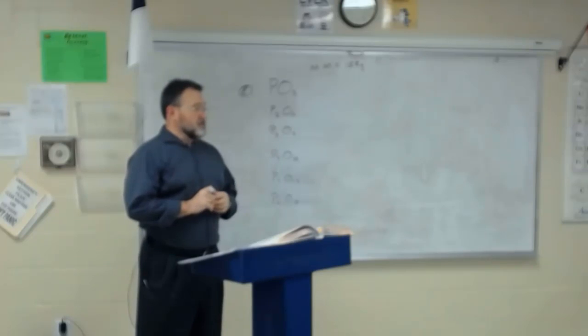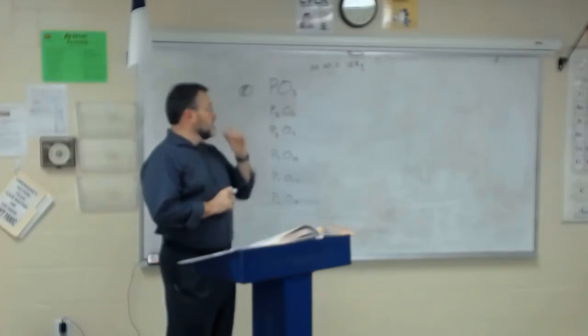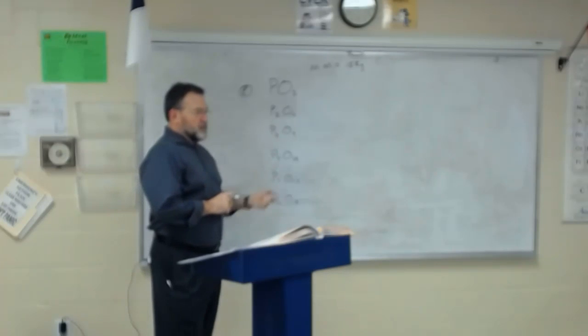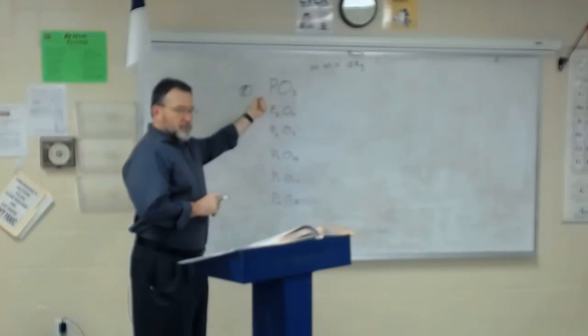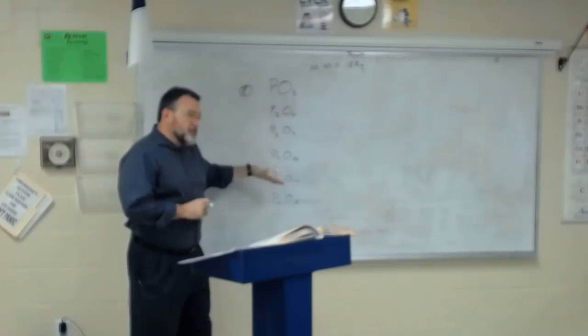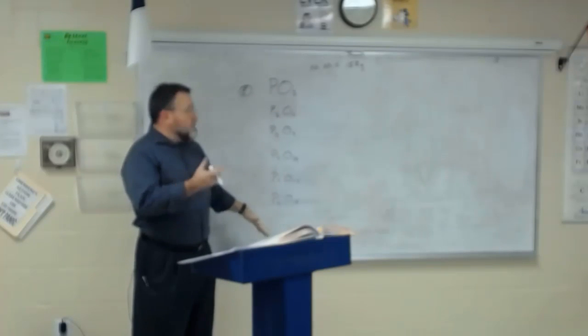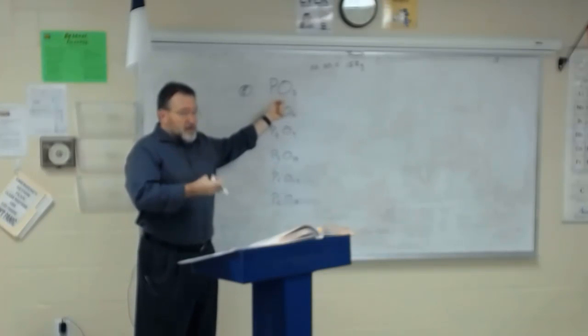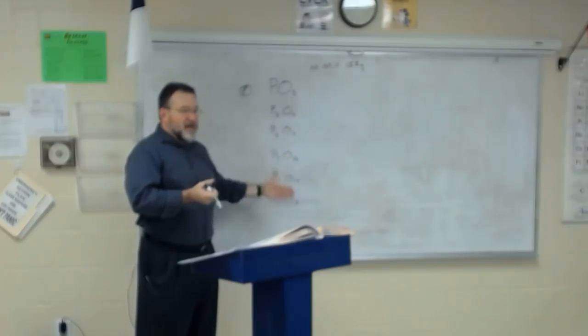Two ways you can solve this. First one, let's go back and figure out what is the molar mass of the empirical, PO3. Since the molecular formula is going to be some multiple of the makeup of the empirical, the molar mass of the molecule itself has to be some multiple of the molar mass of the empirical.